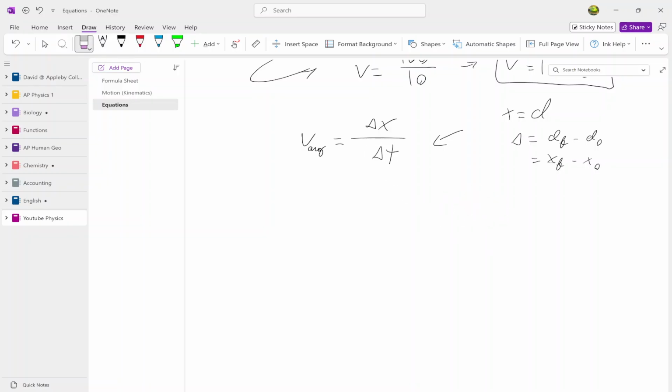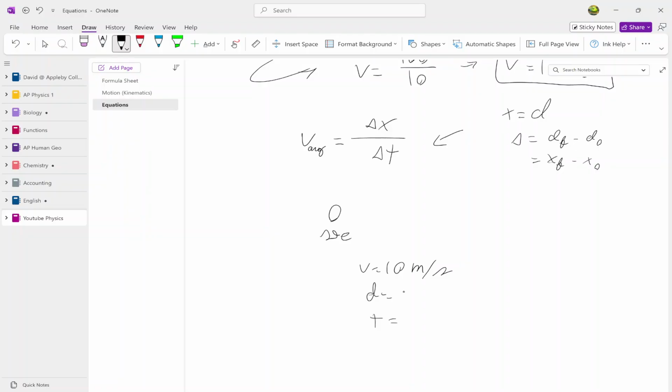In case you don't understand that, let's say I started at 0 seconds. I started running, and then v equals 10 meters per second, distance equals 100, and then time equals... oh, sorry, that would be wrong.